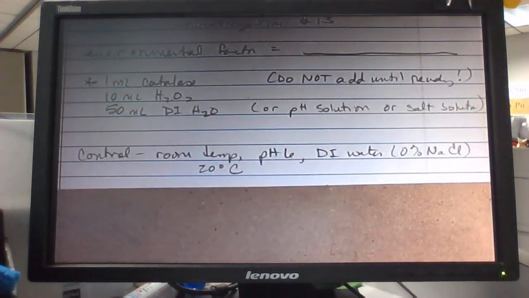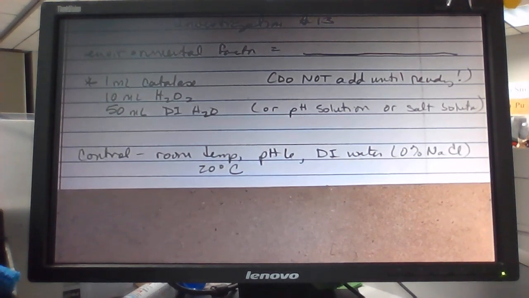We will need to have a control setup, and the control setup is going to be at room temperature since the others are freezing and boiling, essentially. I mean, probably not exact. But, pH of 6, which is relatively neutral. That's usually what our tap water runs at. We'll use distilled water, so no buffer solution in it to change the pH, no sodium chloride in it to change the salinity, and 20 degrees Celsius is about room temperature.